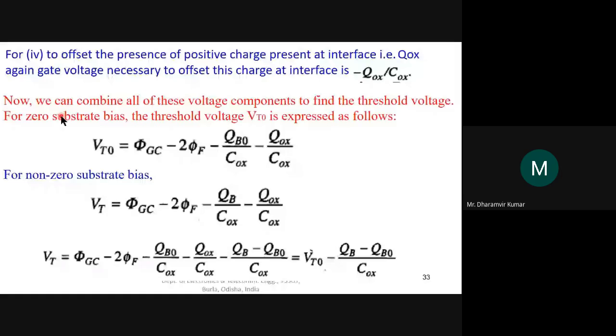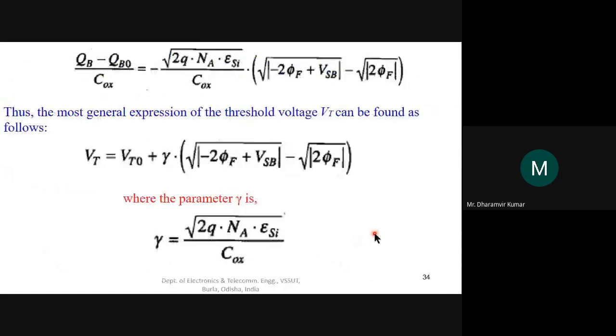We know these equations already, we know these values, so when you calculate, it will come out to be of this form. Put this term into the previous equation, and then you will get the final equation for the threshold voltage.